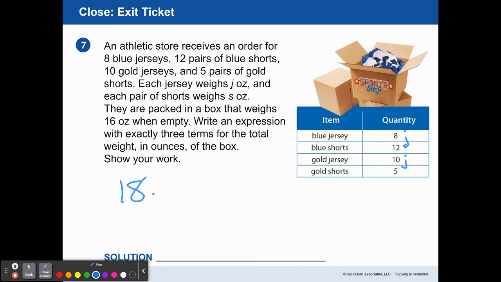So I have 18 jerseys plus my shorts each weigh S. I have 12 blue shorts and I have 5 gold shorts. 12 plus 5 is 17. So I have 17S plus the 16 ounces that the box weighs empty. So that is how I have an expression with 1, 2, 3 terms that helps me find the weight of the box in ounces.